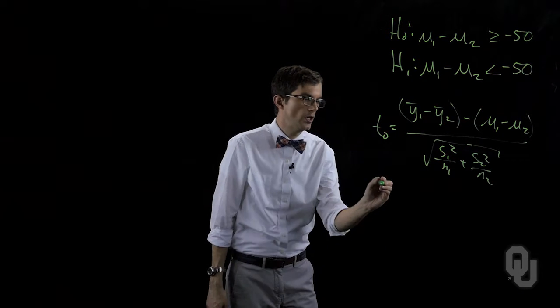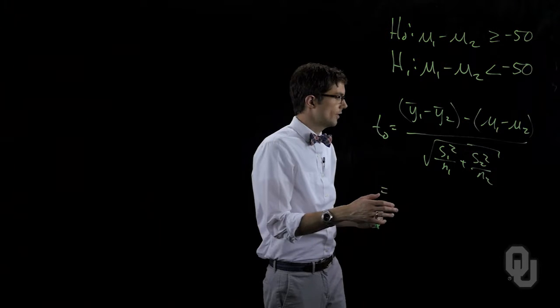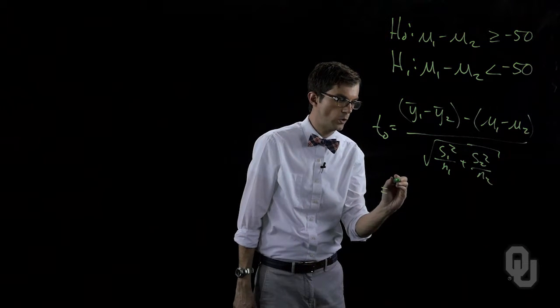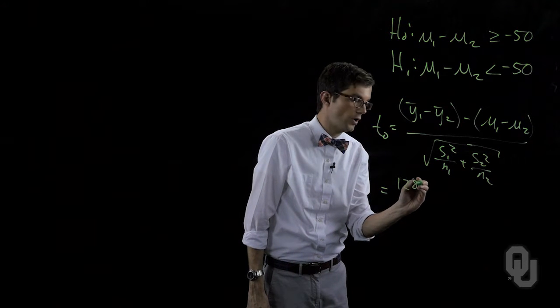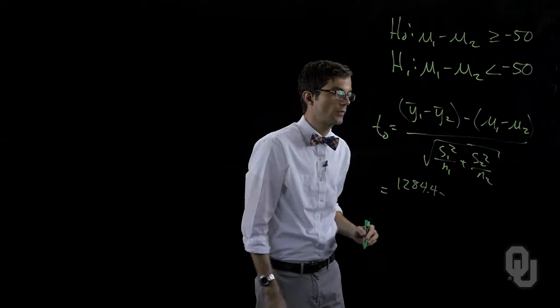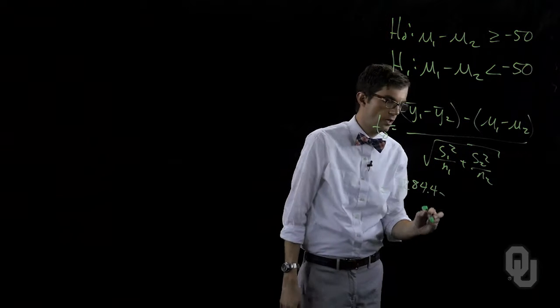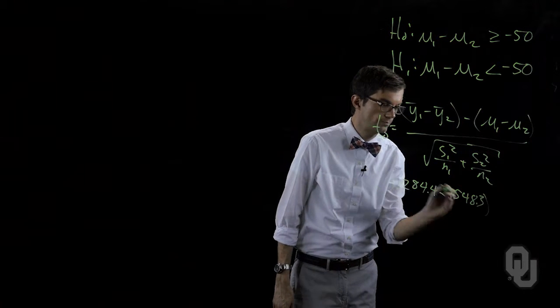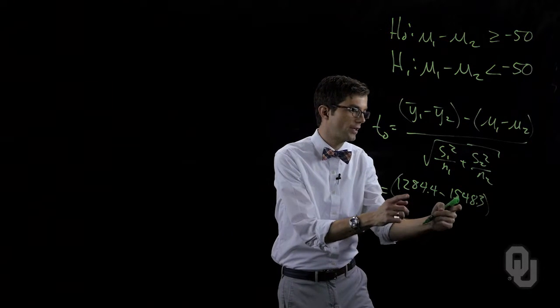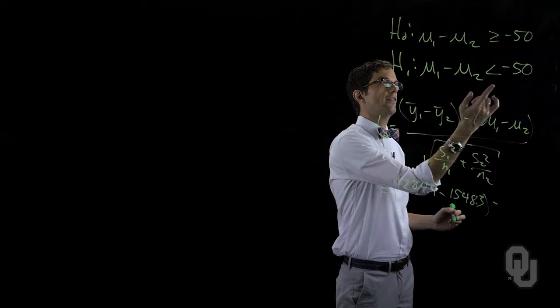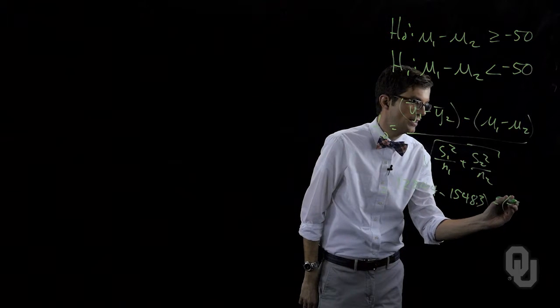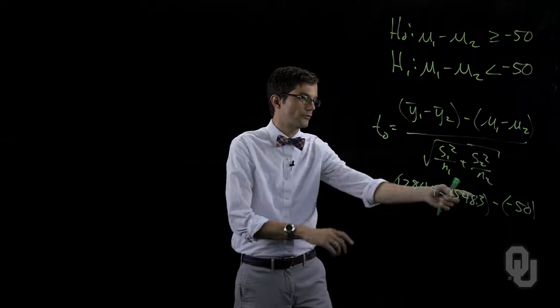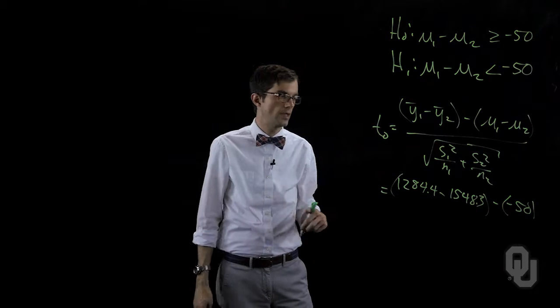Whenever we work this out, we've got Y1 bar, that's 1284.4. We're going to subtract from that 1548.3. And how different is this from this hypothesized difference, negative 50? We're going to subtract off a negative 50.